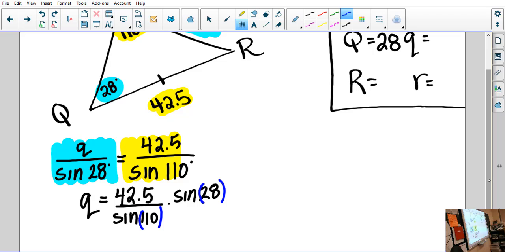So I'm going to hit 42.5, divided by sine 110, close my bracket, times sine of 28. So I got Q is equal to 21.2. Anyone else get that same number? Yep. Okay, so Q is 21.2.